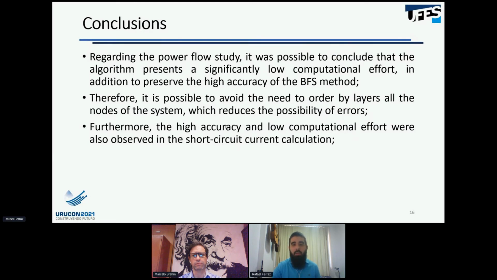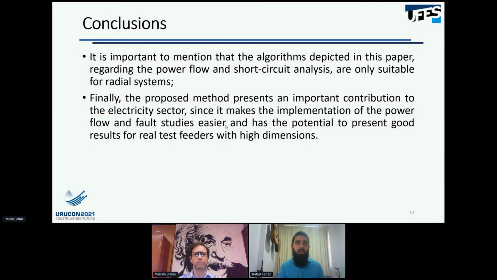Furthermore, the high accuracy and low computational effort were also observed in the short-circuit current calculation. And moreover, it is important to mention that the algorithms depicted in this paper regarding the power flow and short-circuit analysis are unsuitable for non-radial systems.